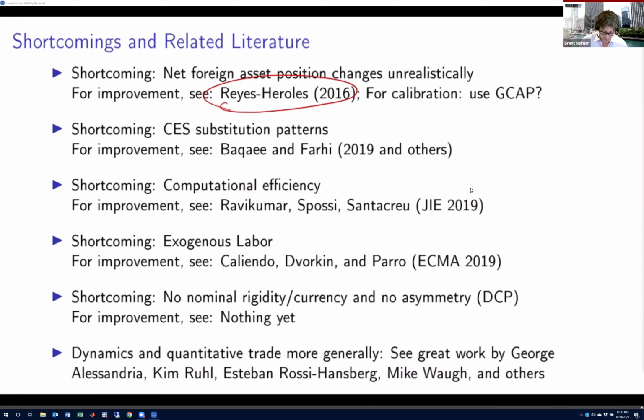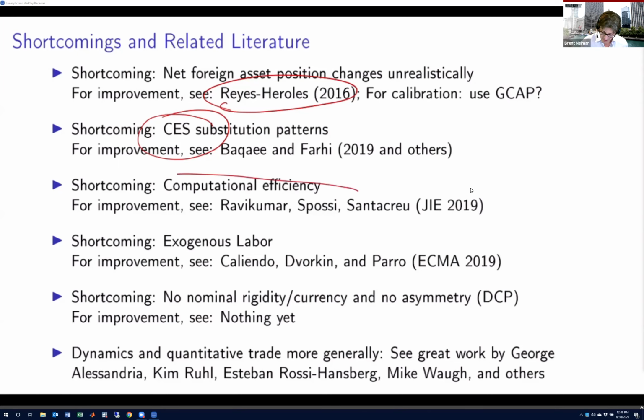To go quickly through a few others, our model relies on CES substitution patterns. A lot of very nice work done by David Backus and Emmanuel Farhi, who we've all talked about a lot this week, shows that that assumption may be too strong and restrictive, and that more flexible substitution patterns can change the quantitative response of the system.